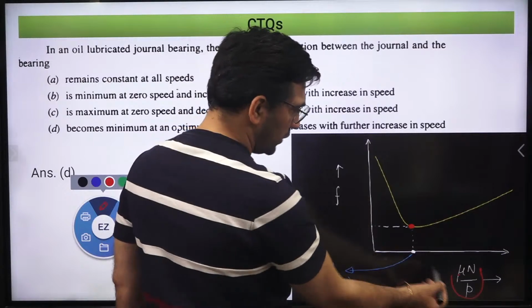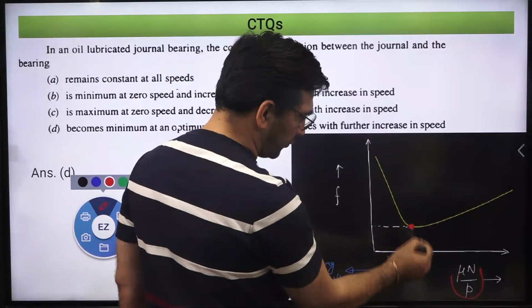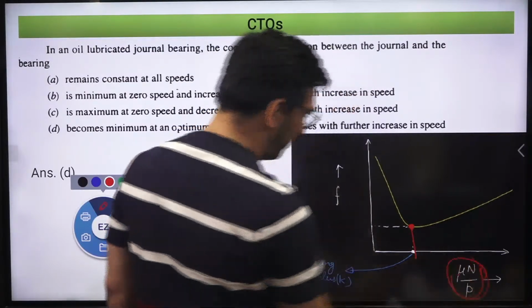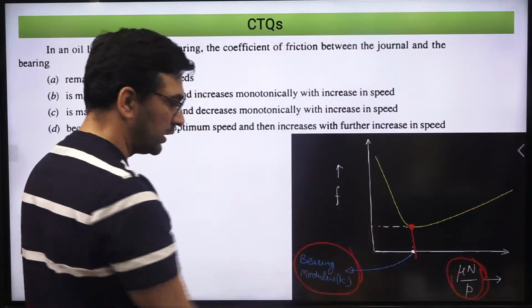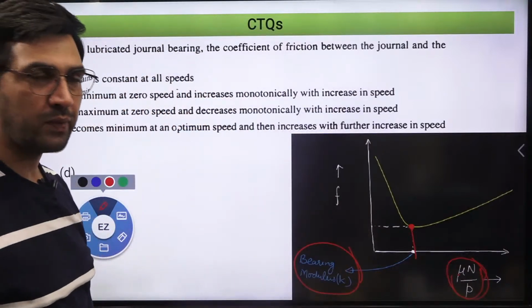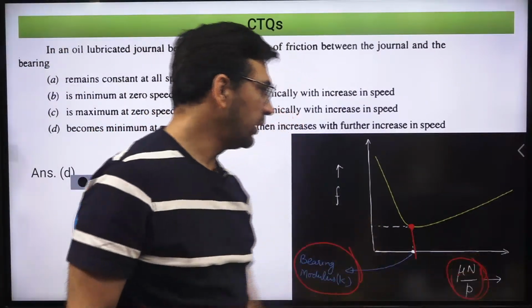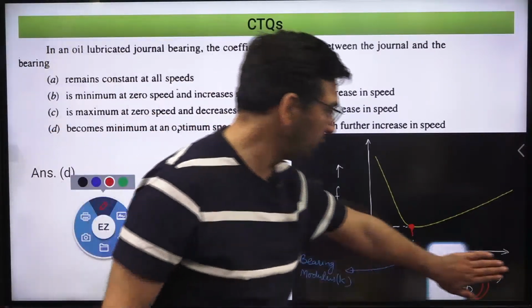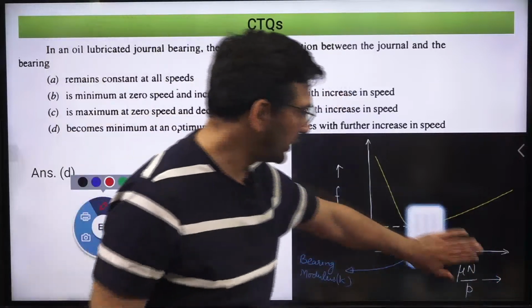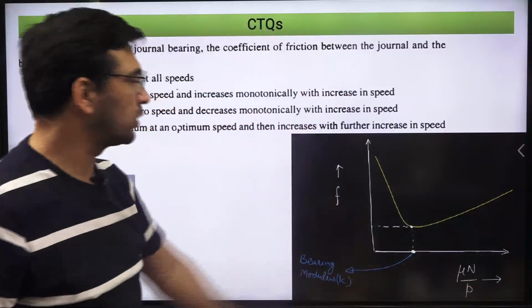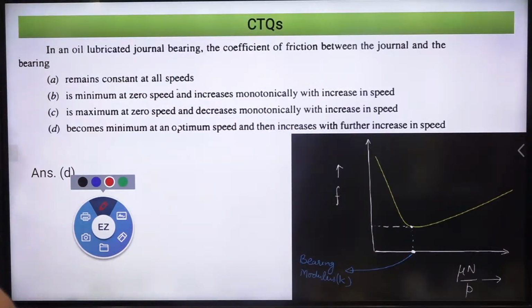Corresponding to that minimum value of the coefficient of friction, the value of mu N by p, we call that the bearing modulus. So that also you should have the idea. You can frame the question from there also. That is, what is bearing modulus? It is the value of mu N by p corresponding to the minimum value of the coefficient of friction, right?